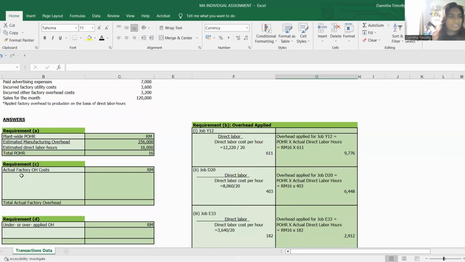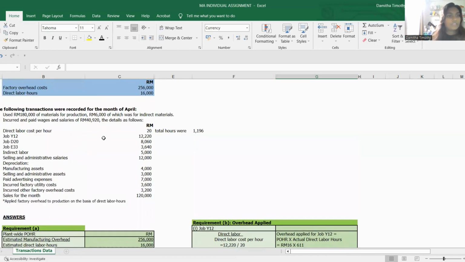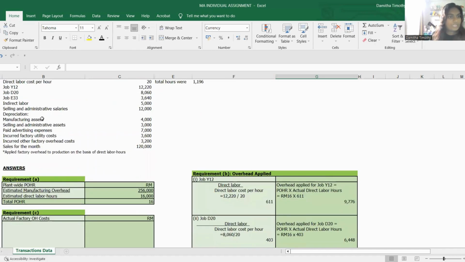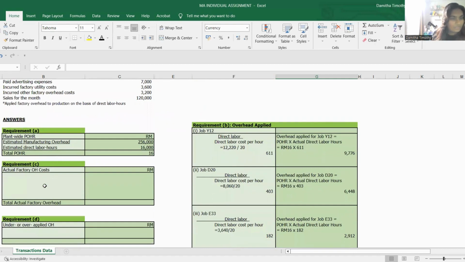So we'll move to the requirement C. For requirement C here, we have to find all the actual factory overhead costs given in the transactions above. First, we'll start with the indirect material and then indirect labor, depreciation of manufacturing assets, incurred factory utilities, and incurred other factory overhead costs.